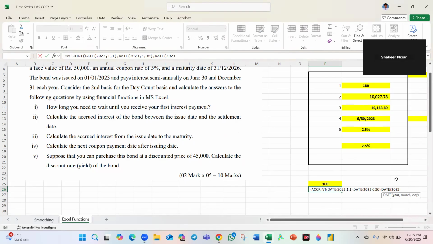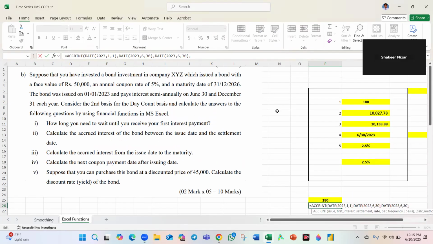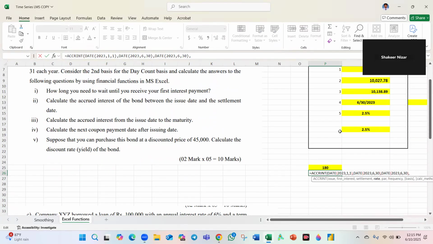2023 June 30th, and the rate is 5%. You can see the coupon rate is 5% and the par value is 50,000. The frequency is semi-annual, and the basis is 2.